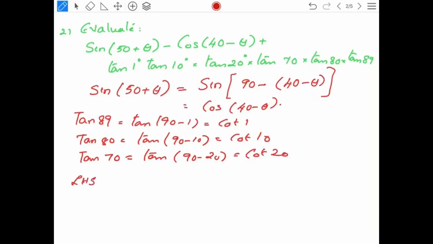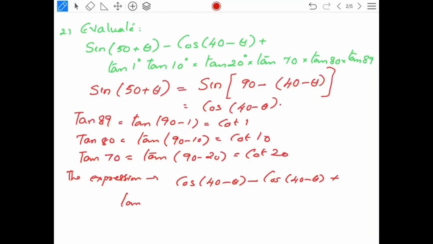Now you can substitute, the expression becomes sine 50 plus theta is cos 40 minus theta, minus cos 40 minus theta, plus tan 1 tan 10 into tan 20.